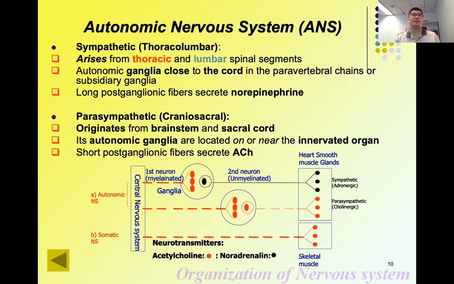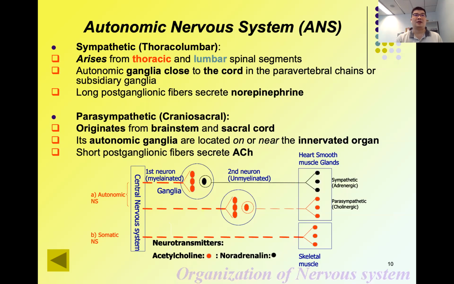Why is it called thoracolumbar? Because the outflow is from the thoracic and lumbar spinal segments. The autonomic ganglia are in the paravertebral chains or subsidiary ganglia, which we talked about already. Paravertebral means the ganglia are next to the vertebrae.